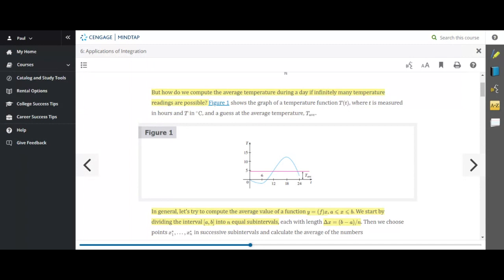Okay, so does this blue temperature function in figure 1 make sense? Let's see. When's the temperature the lowest? Early morning, 6 a.m. And then the temperature seems to be going up, and it keeps going up till 6 p.m. Temperature's increasing.